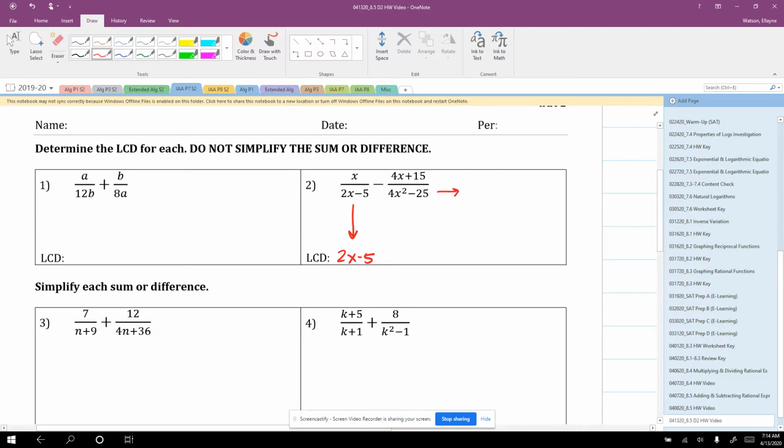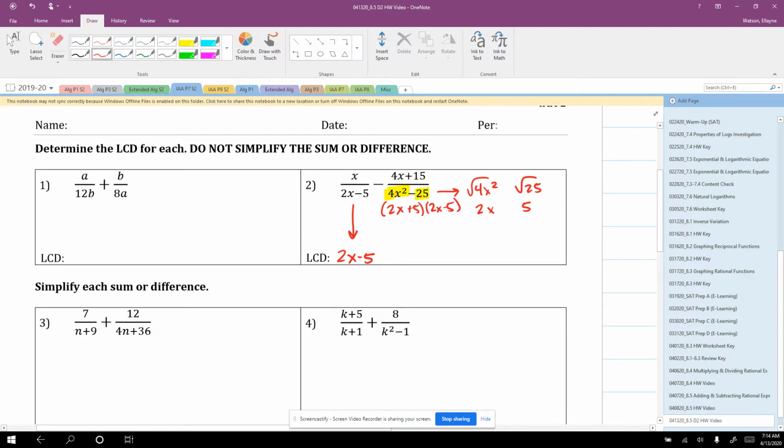Well, it turns out this is a difference of squares. Okay, so what you do, and I know that because both 4x squared and 25 are perfect squares, you take the square root of each, and you get 2x, and you get 5. So this actually factors to 2x plus 5 times 2x minus 5.